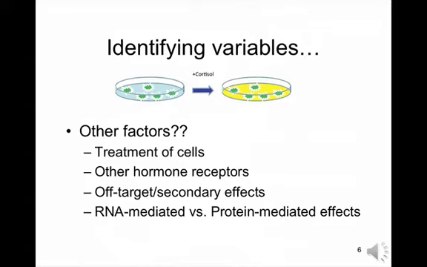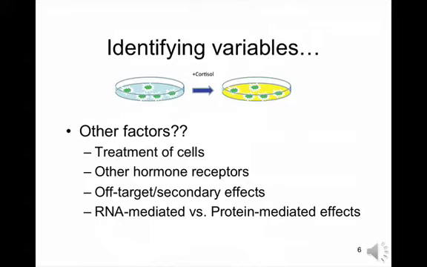Well, one is the treatment of cells. As displayed in the figure, it just said that untreated controls versus treated cells change the level, but it's known that just manipulating the cells and putting different chemicals on them and changing the media can sometimes have an effect on gene expression.